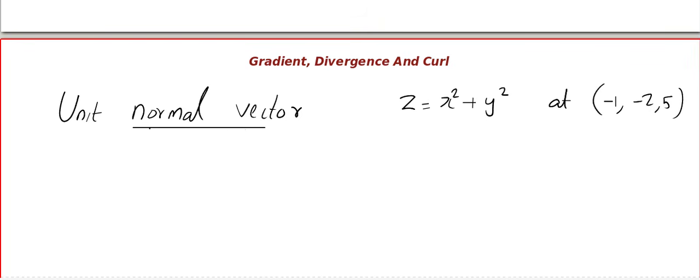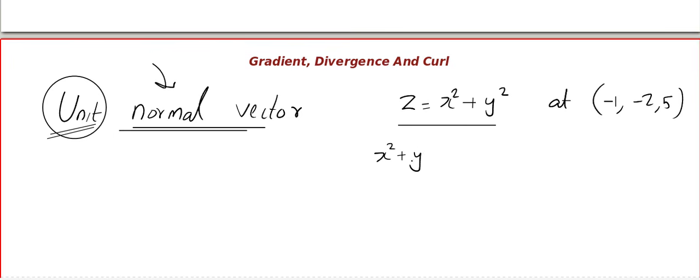What is normal to any surface at any point? The gradient. So how do you find the normal vector? Find the gradient. Now you know how to make a vector into a unit vector. Divide by the modulus. Okay, so the first thing is take everything to the left or right. Anyway, I'm going to write the surface as x squared plus y squared minus z equal to 0.